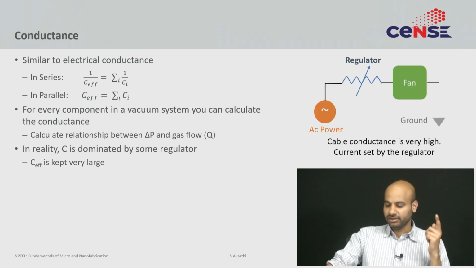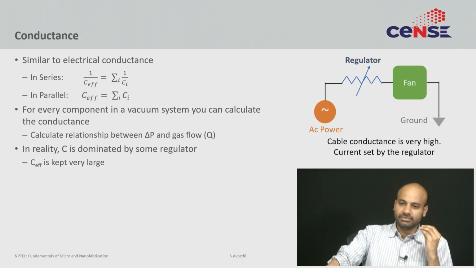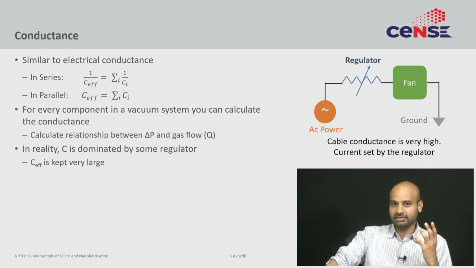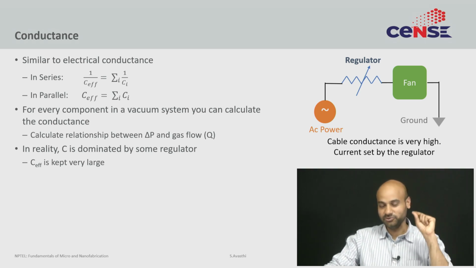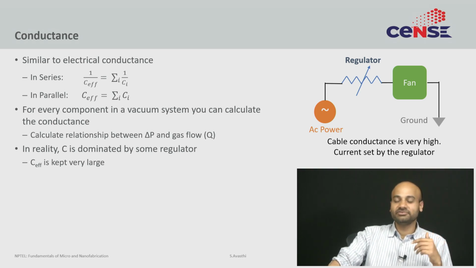Supposing you take your house, and in your house you have a fan. Now, in order to control the amount of current that flows through that fan, you do not calculate an effective resistance and then use a wire of precisely that resistance. That is not what you do. And the reason you do not do that is because it is too unpredictable, it takes too much work.